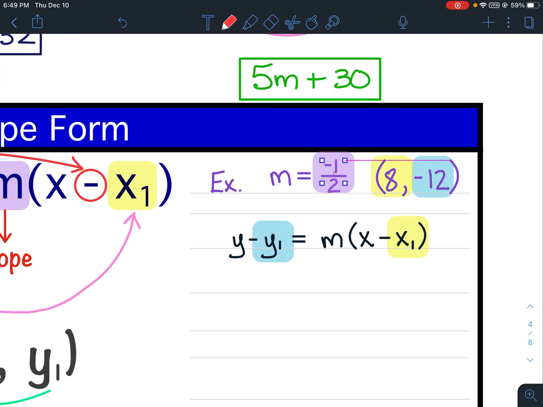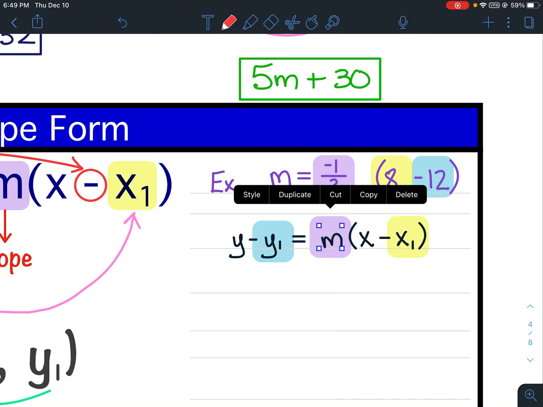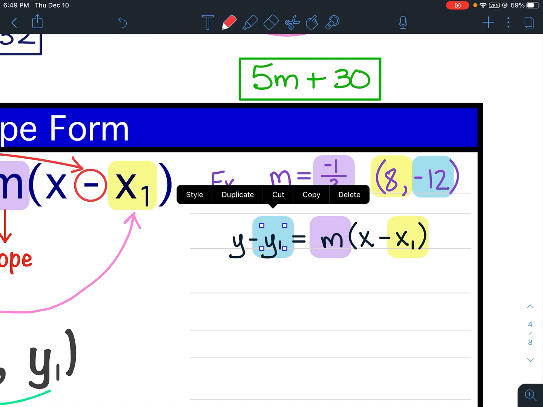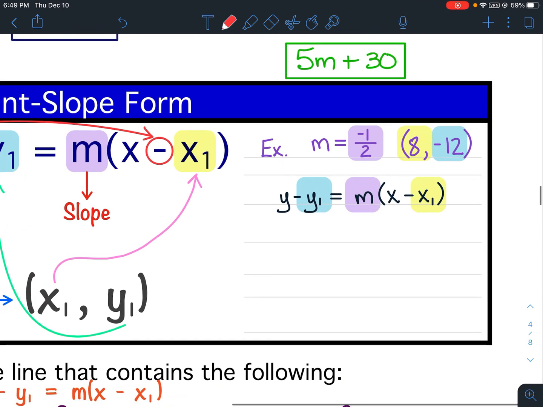And this negative 1/2 would go in for the slope. So again, this is x1, y1. All right, so let's plug it in.